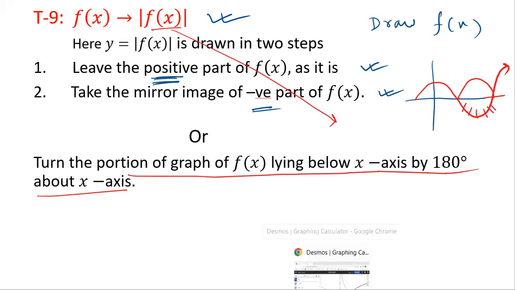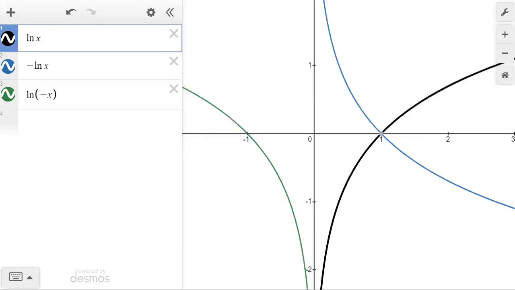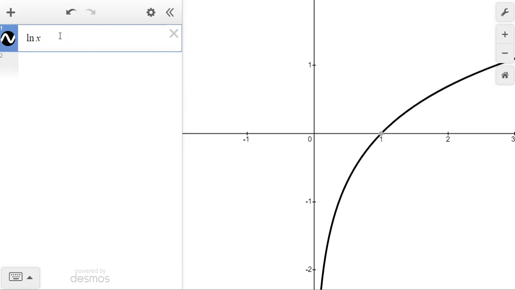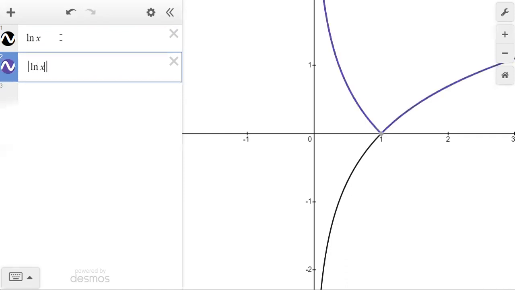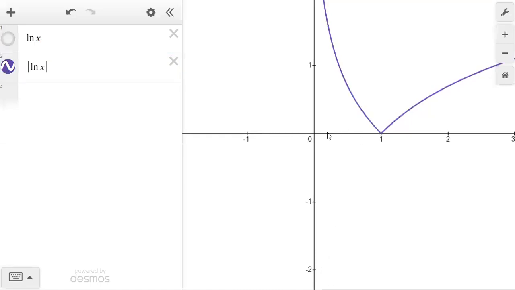Okay, fine. We'll see some other examples in Desmos. Now I will take log x. This is the function of log x. Now if you apply mod, see the changes. This is the mod function of log x.